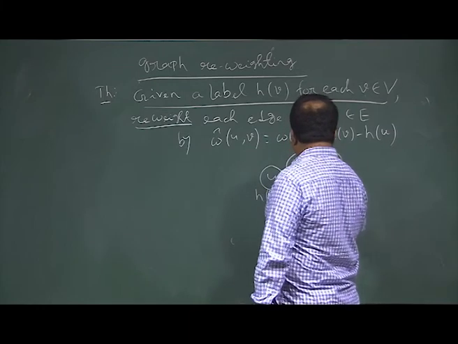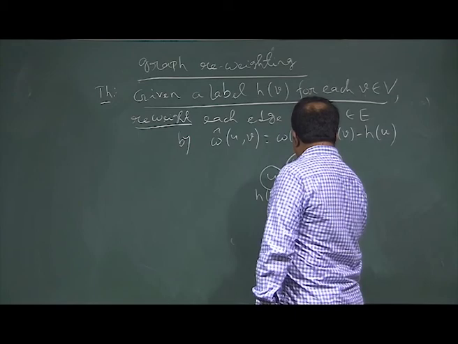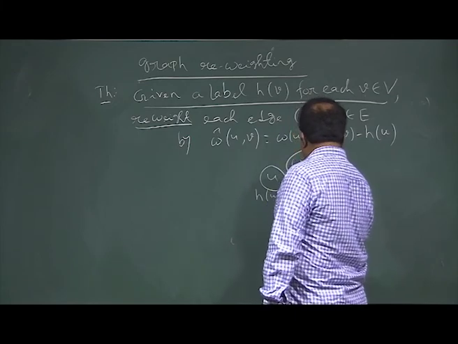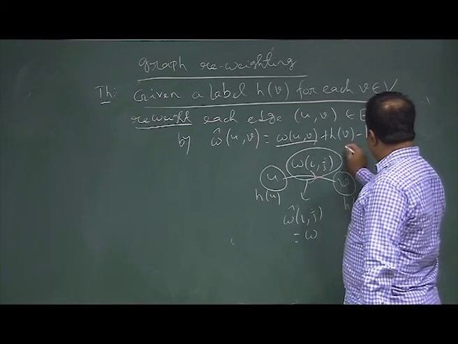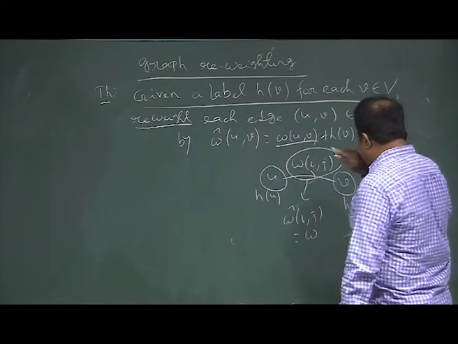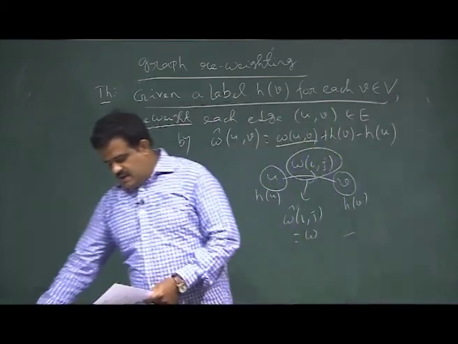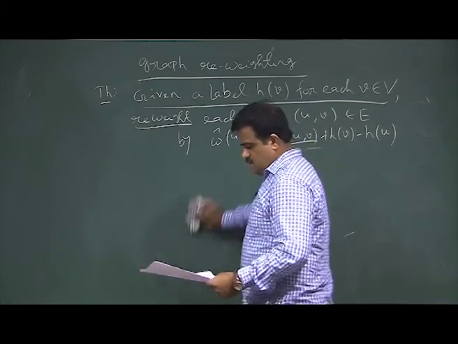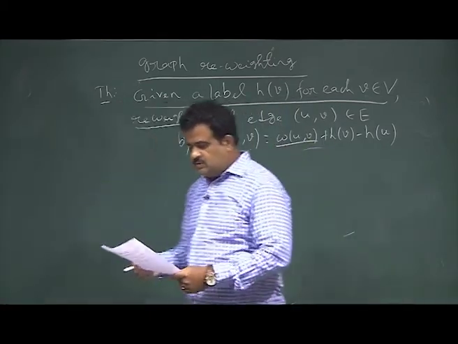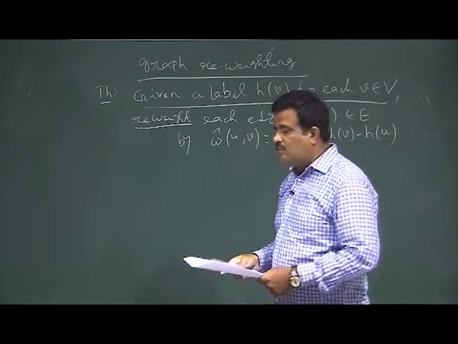Now we rewrite the weight as w hat of (u,v), which is the original weight w plus the difference between their labels. So this way we are rewriting all the edges like this.